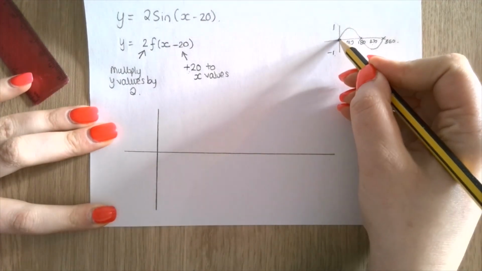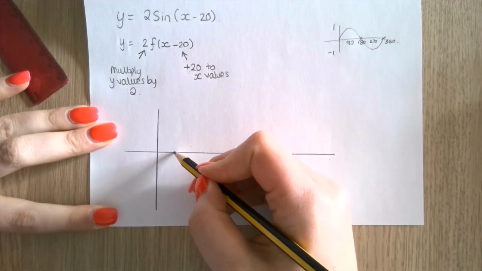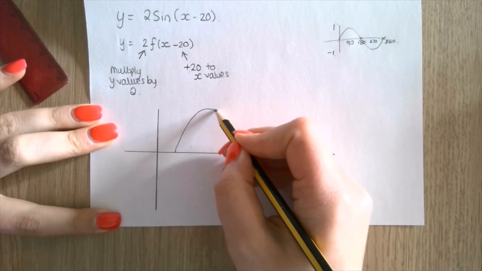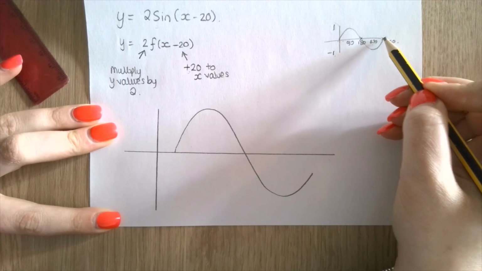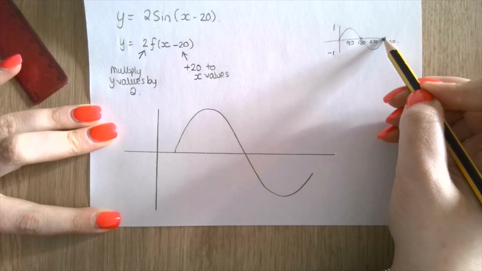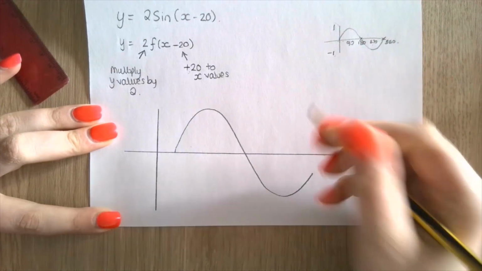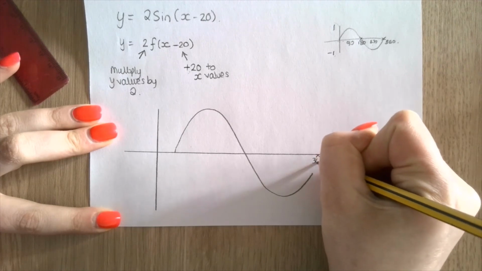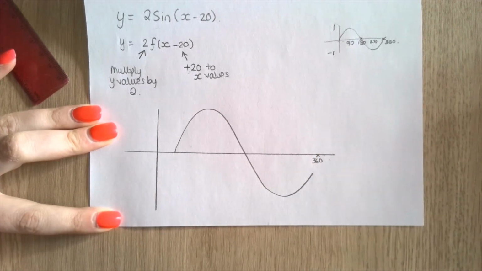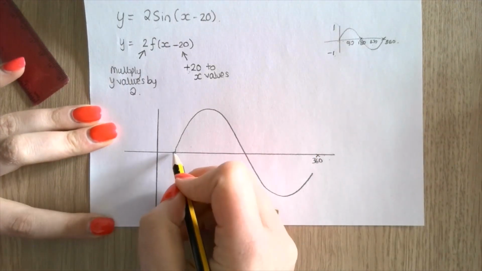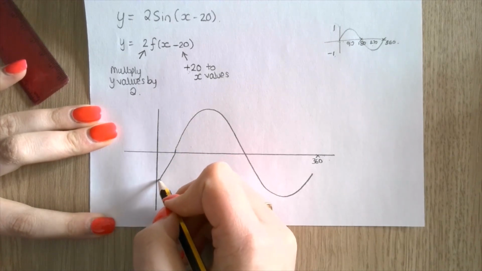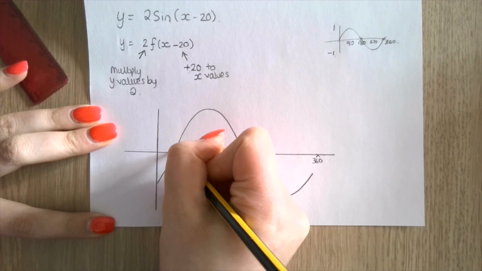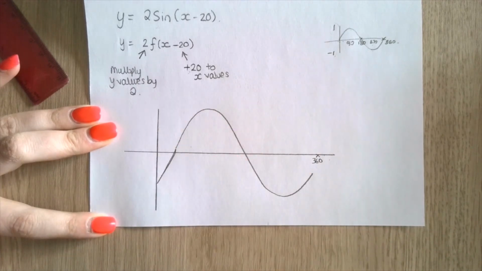So this point here was going to become 20. And remember, this would have met at 380 at the x-axis, and therefore it hasn't quite met it at 360 degrees.